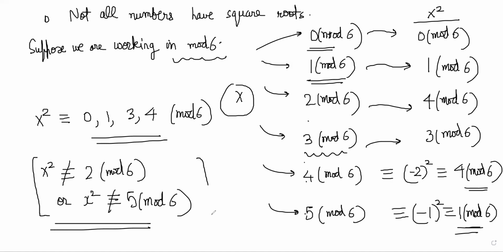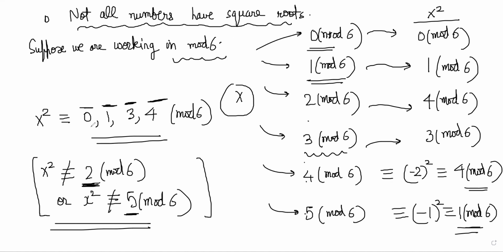So this tells us that 2 has no square root working in mod 6. So when I say not all numbers have square roots, when you work in mod 6, the numbers 2 and 5 have no square roots. There is no integer whose square will give us 2 mod 6. Similarly, there is no integer whose square will give us 5 mod 6. The only possible squares can be 0, 1, 3, or 4 mod 6.